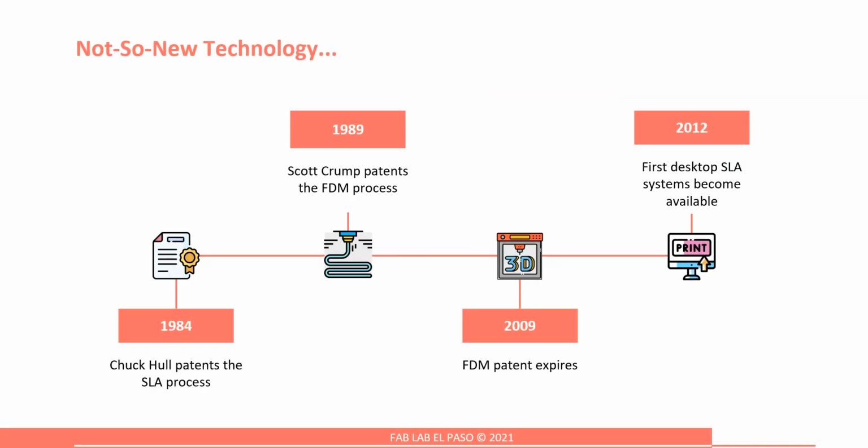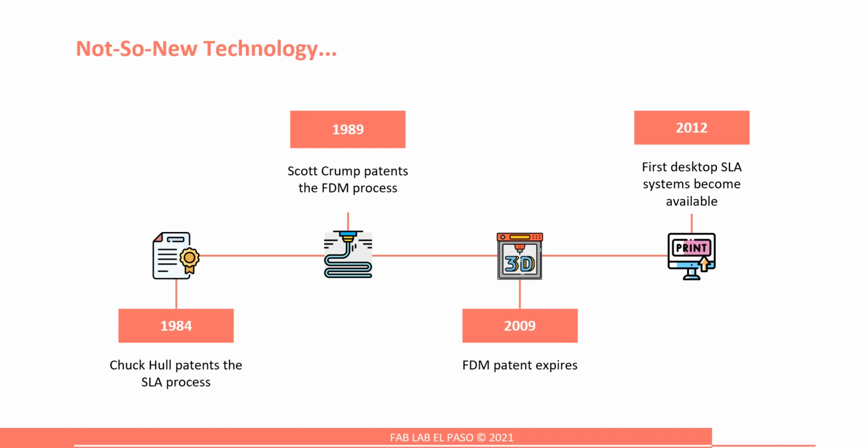3D printing technology has been around for some time now. In 1984, Chuck Hull, the founder of 3D Systems, patented the stereolithography (SLA) printing process. Then, in 1989, Scott Crump, the founder of Stratasys Limited, patented the FDM process. In the next 20 years, the rest of the 3D printing processes were developed.